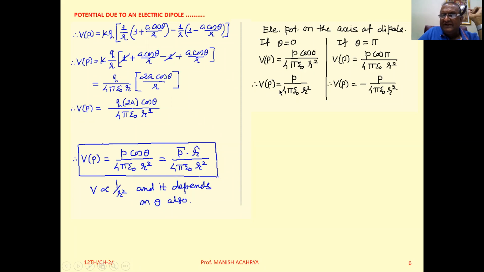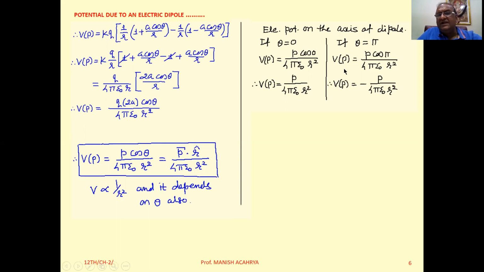So potential is P upon 4 pi epsilon 0 R square. But if we take the point on the axis of the dipole towards the negative charge, then the dipole moment is from negative to positive and the position vector is towards negative, it implies that the angle theta is pi.